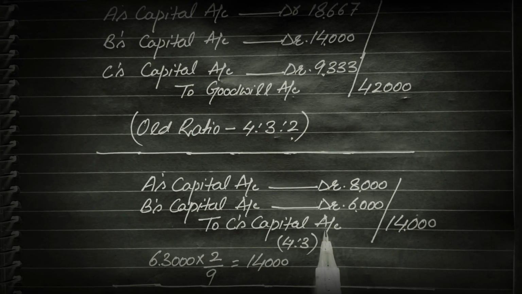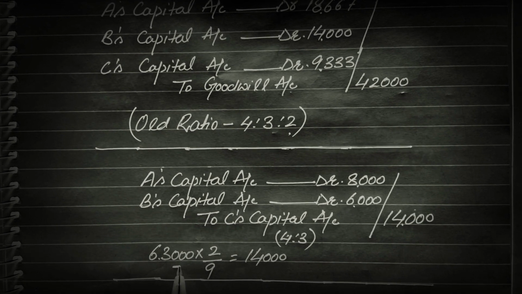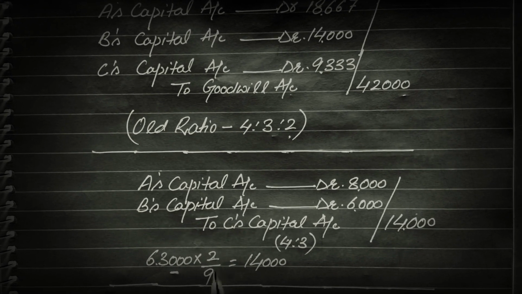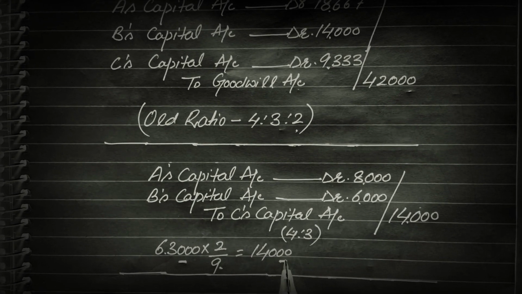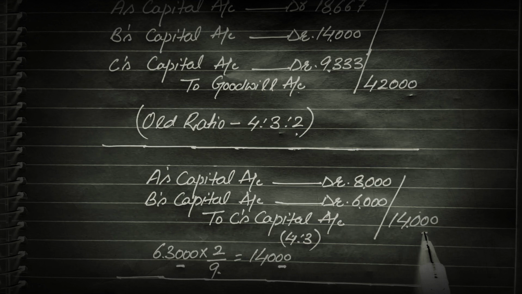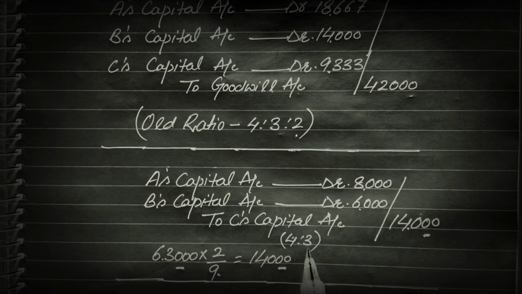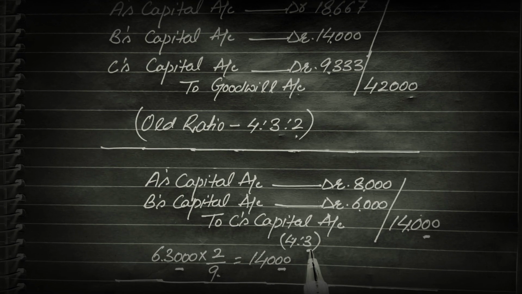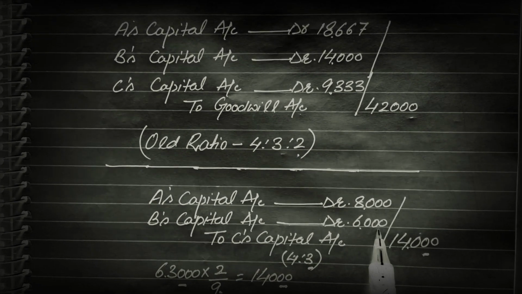This is by the retiring partner's share in goodwill. Total goodwill given in the question is 63,000 and the retiring partner's share is 2/9. That's why the retiring partner's share is 14,000 rupees. We will pass the journal entry by rupees 14,000 and in the gaining ratio, that is 4:3 in this question. That's why the final amounts will be 8,000 and 6,000 rupees.